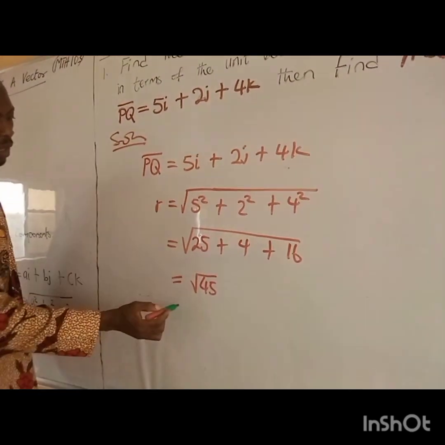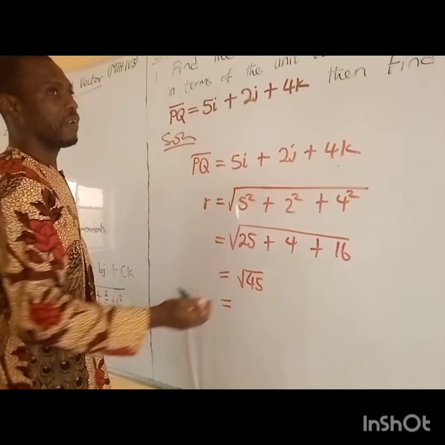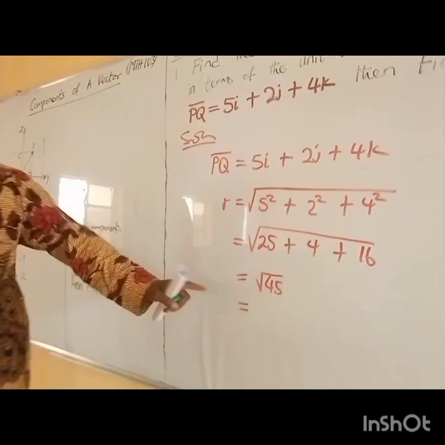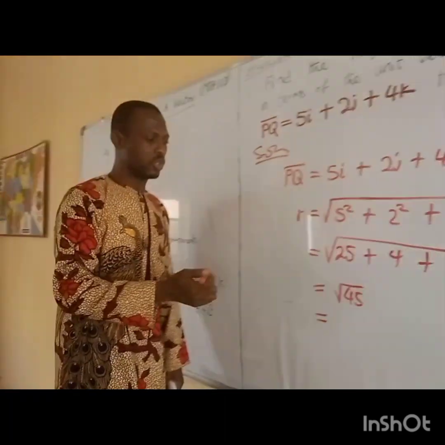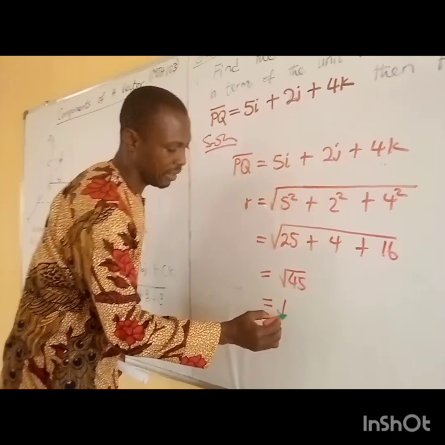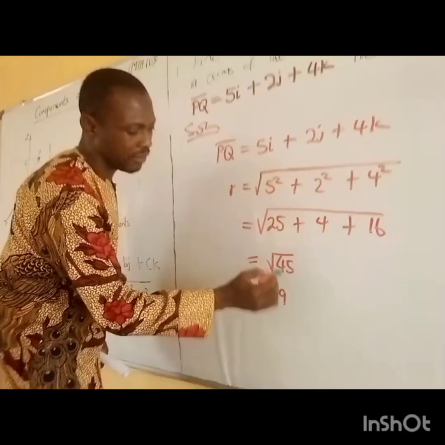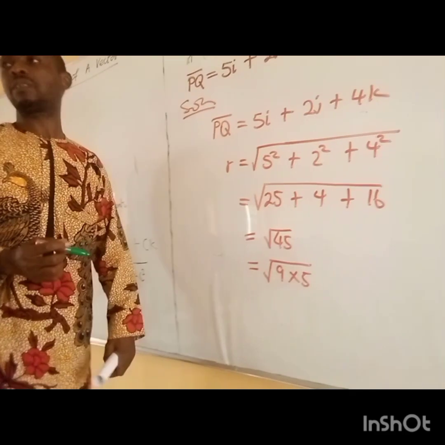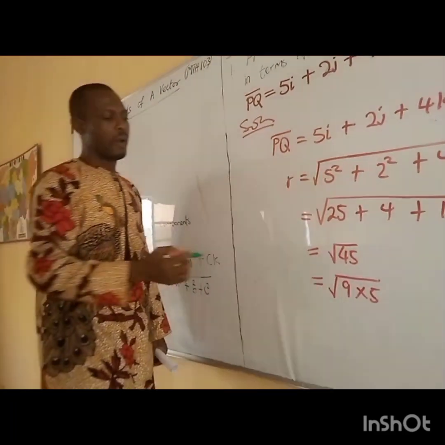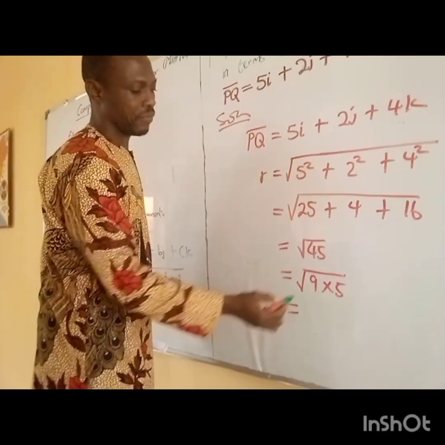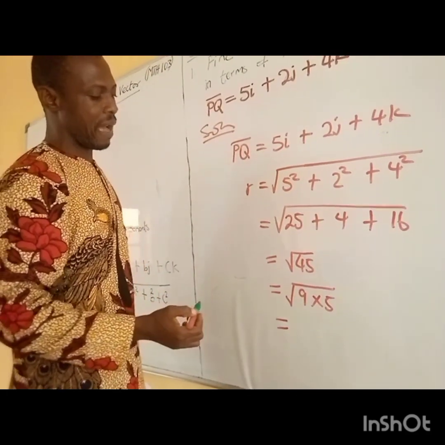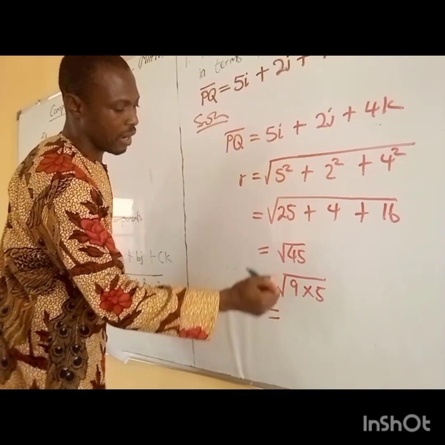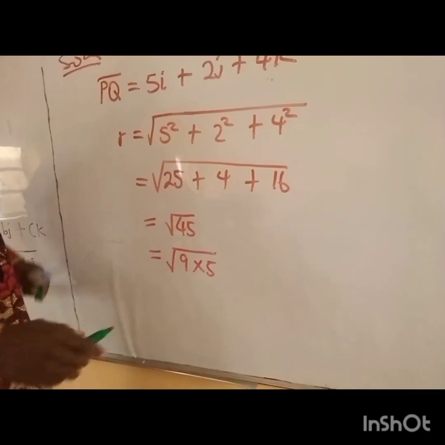Now, 45 is a big number, so you won't leave it at 45. What you do is you break it down into a shorter form. Breaking 45 down, you have 9 times 5. Since 9 is a perfect square, you take the square root of 9, which is 3.